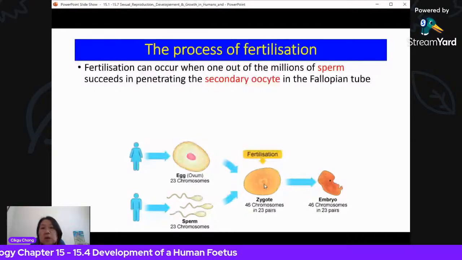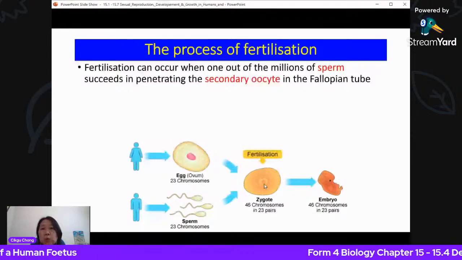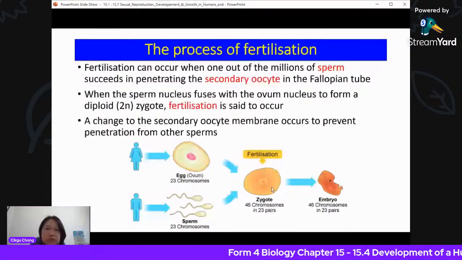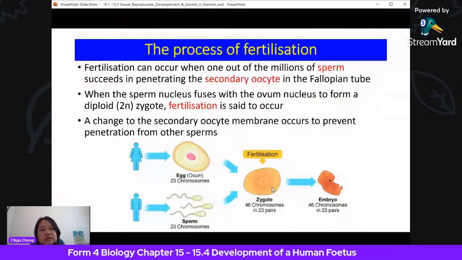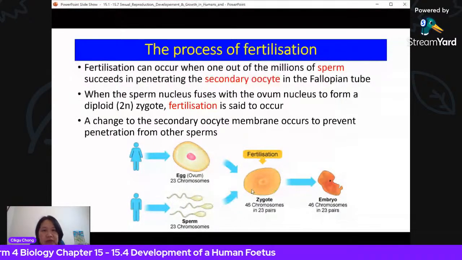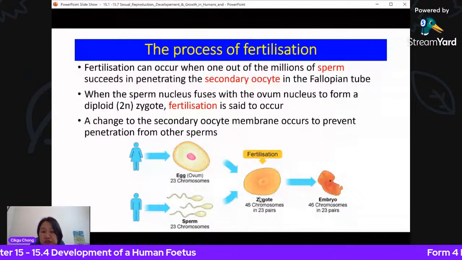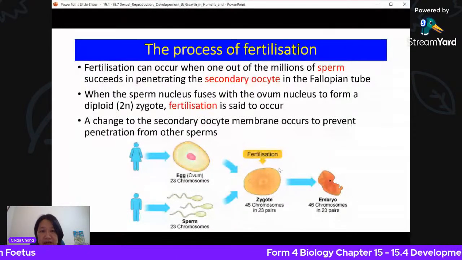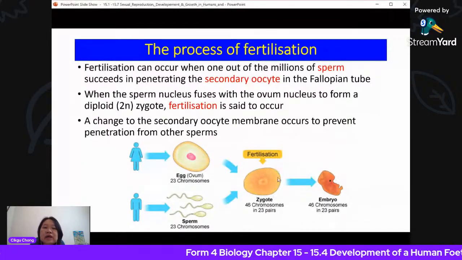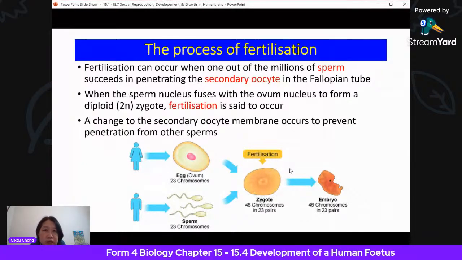When the nucleus of the sperm fuses with the nucleus of the female, a change happens to the outer membrane of the secondary oocyte. It changes in nature, forming a protective covering so that other sperms will not be able to penetrate further.